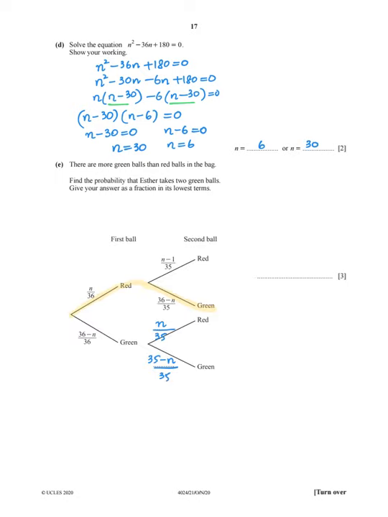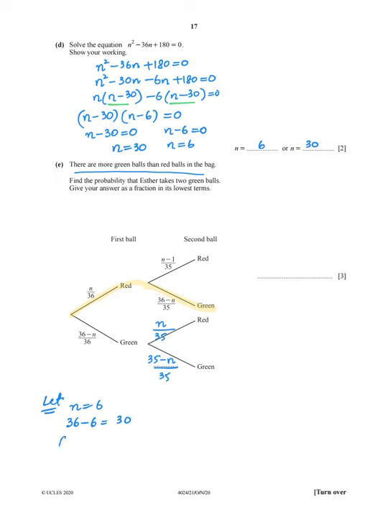And after that, in the last part, it says there are more green balls than red balls in the bag. All right. So this statement is basically to finalize the value of n, which value we are going to pick. So let's suppose n is 6, so the green balls are 36 minus 6 leads to 30, right?